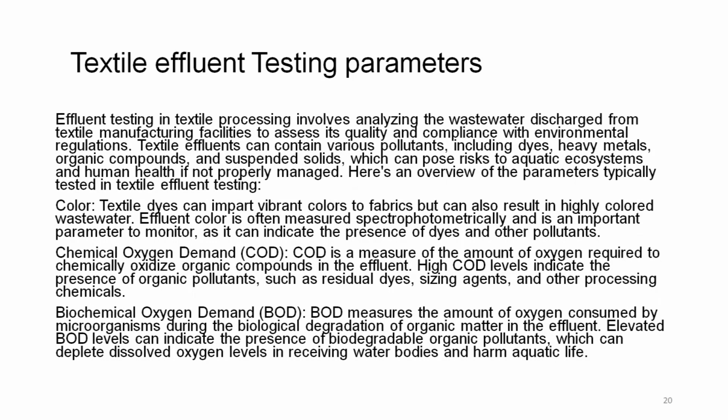So, that is the main function. Textile effluent can contain various pollutants including dyes, heavy metals, organic compounds and suspended solids, which can pose risk to aquatic ecosystems and human health if not properly managed. Here is an overview of the parameters typically tested in the textile effluent testing.